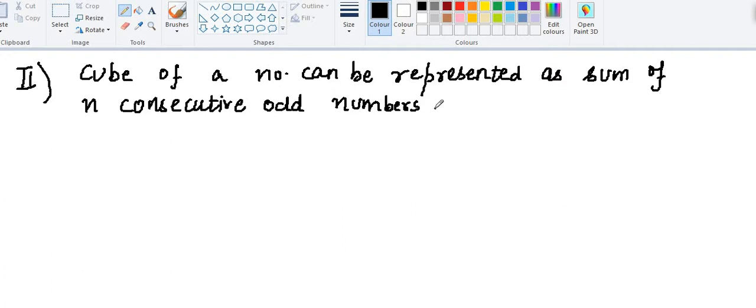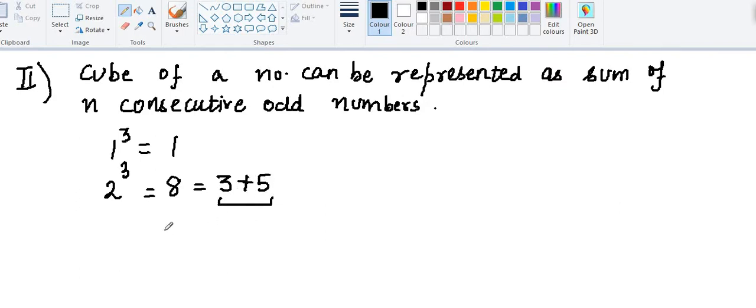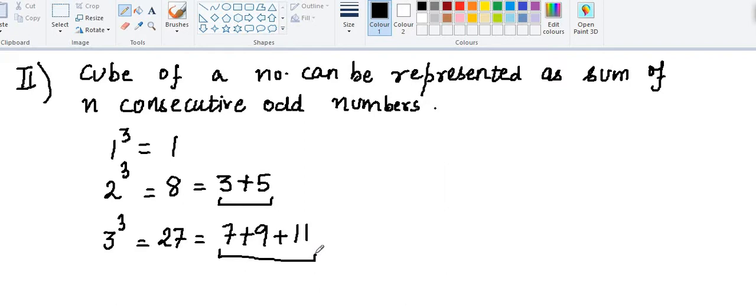For example, say 1 cube is 1, 2 cube is 8. Now this 8 can be written as 3 and 5. It is the sum of two consecutive odd numbers. 3 cube is 27. Now this 27 is 7 plus 9 plus 11. If you add them, you will get 27. And these are three consecutive odd numbers.